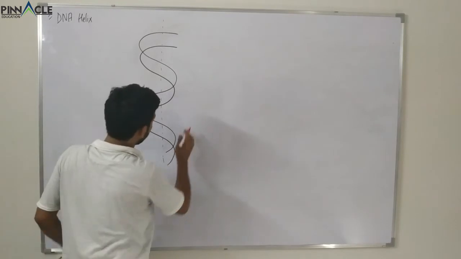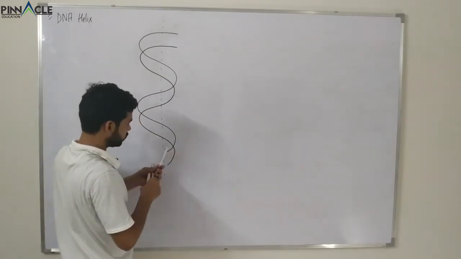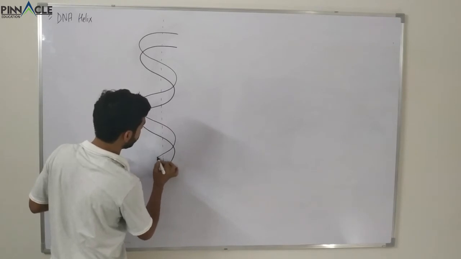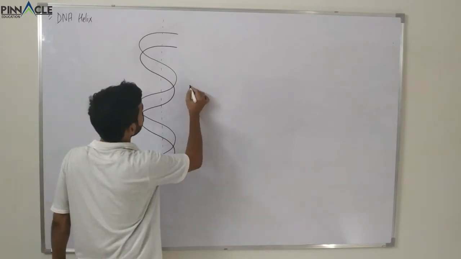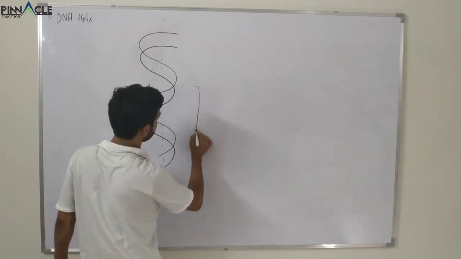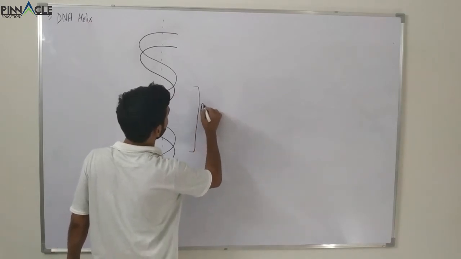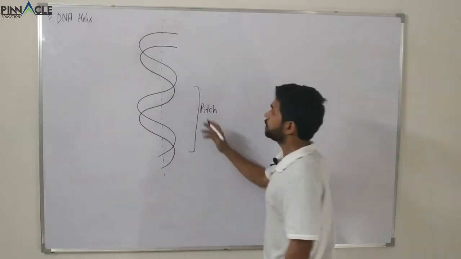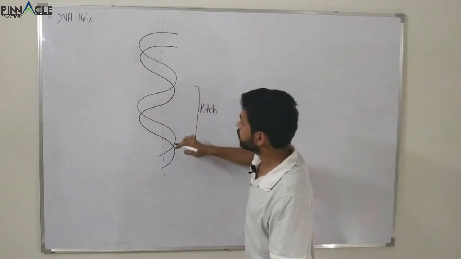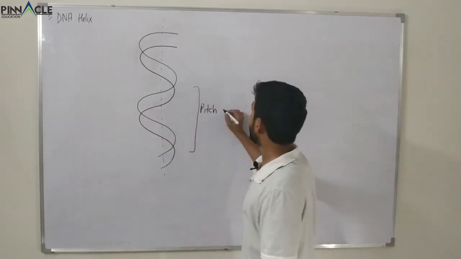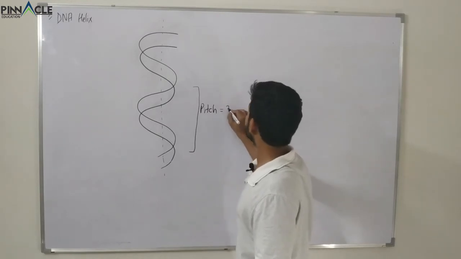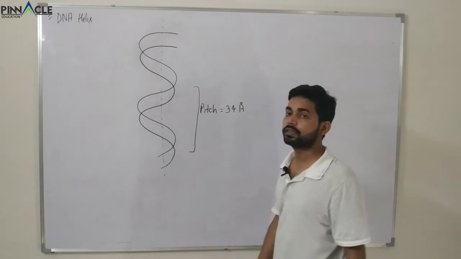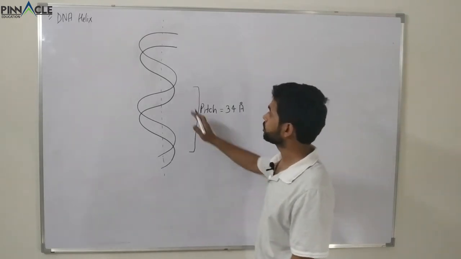So from where one DNA strand starts to where it completes one circle, that is called the pitch. So from here to here it is called pitch. From here DNA completes one rotation around the axis, and the length of this pitch is 34 angstrom or 3.4 nanometer.